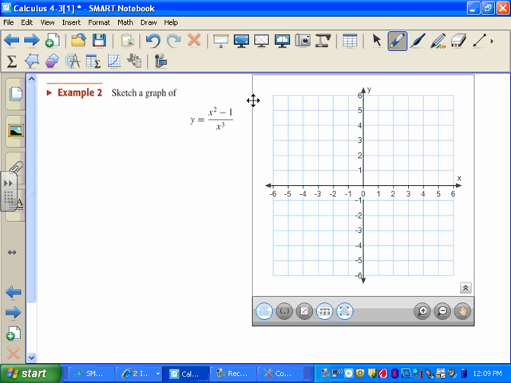I'm going to go ahead and work it here. The bottom is bigger.